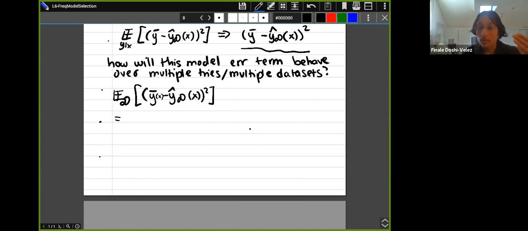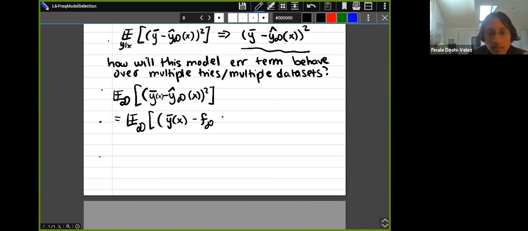Now averaging again over multiple data sets, over multiple fits. So now we're thinking about every time we get a new data set, we fit a new y hat. And I'm going to switch over to writing this down. I'm going to switch notation to F just because it's going to be a little cleaner. So I'm going to say y bar of X minus F data set of X. So every time I fit, I'm going to get a different value.